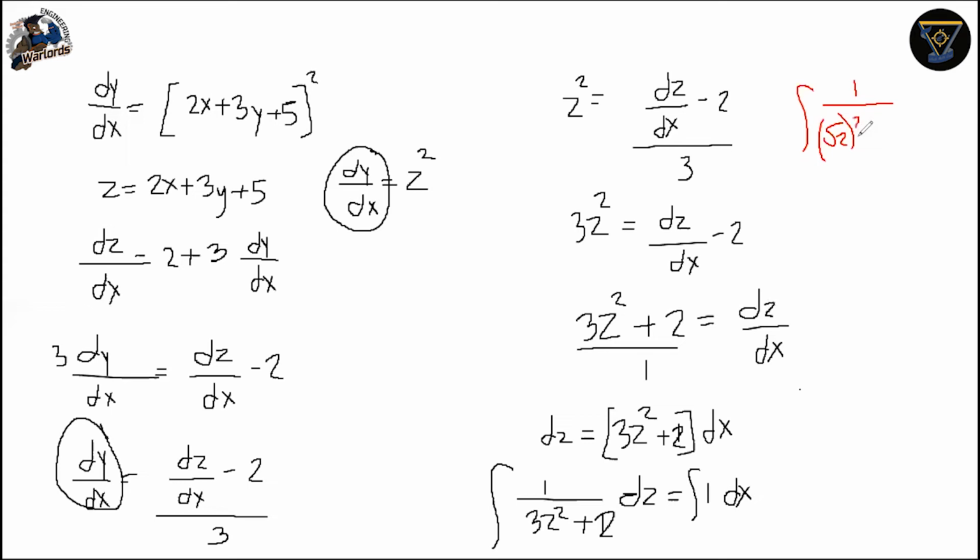And then plus, this needs to be squared as well, so this is the square root of 3 z all squared.